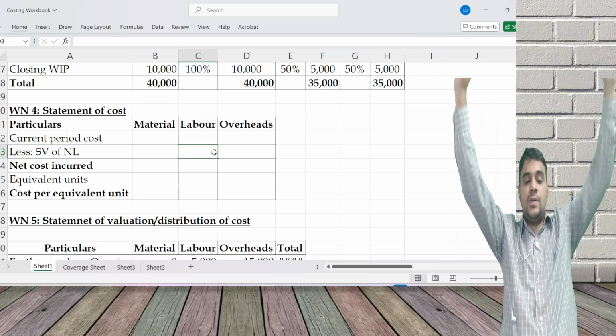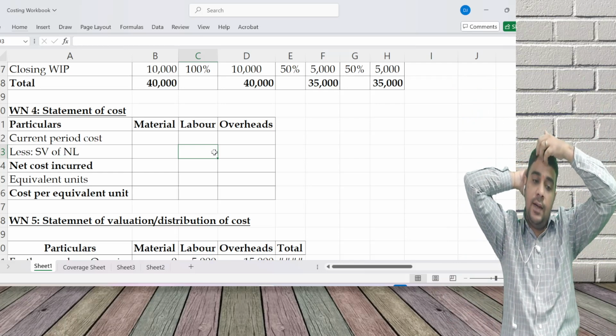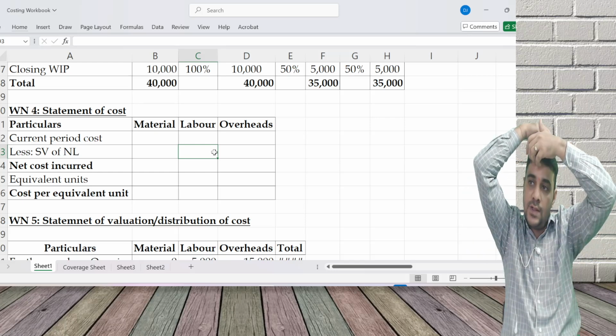Current period cost less sale value of normal loss, net cost incurred, equivalent units, cost per equivalent unit.